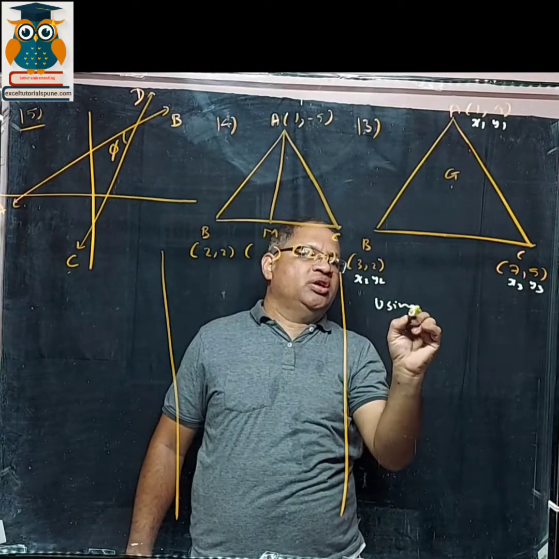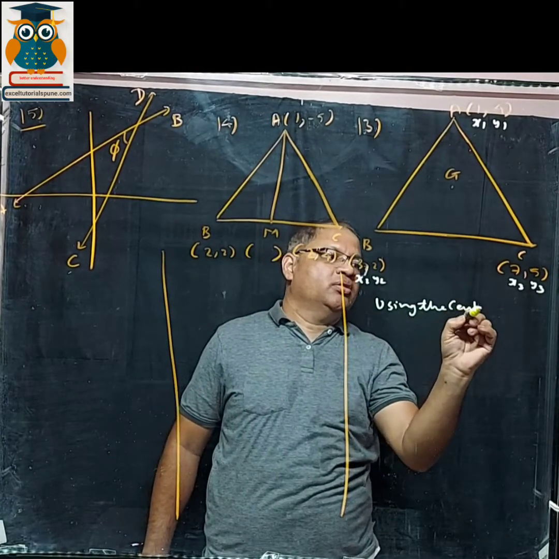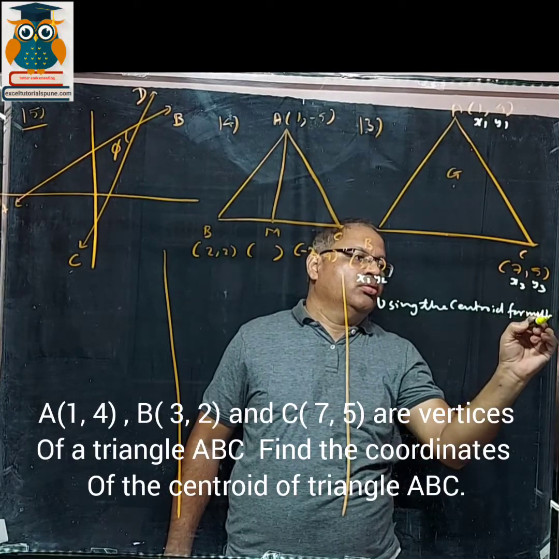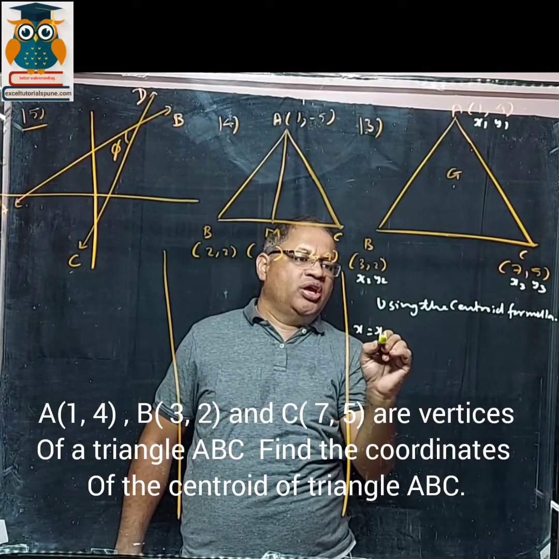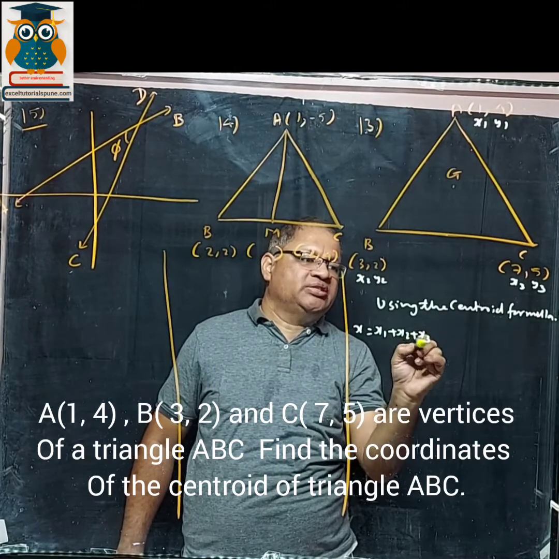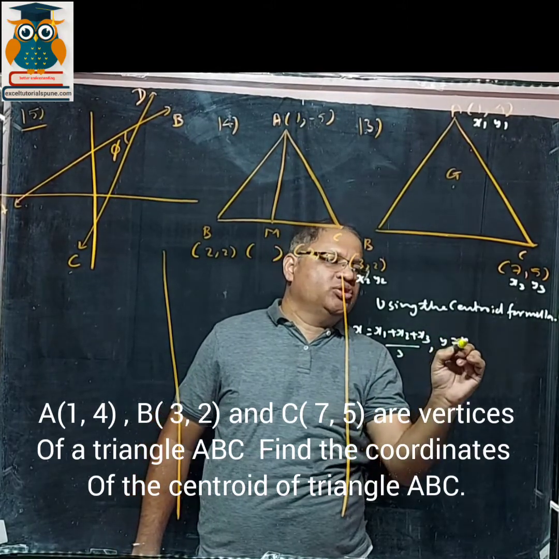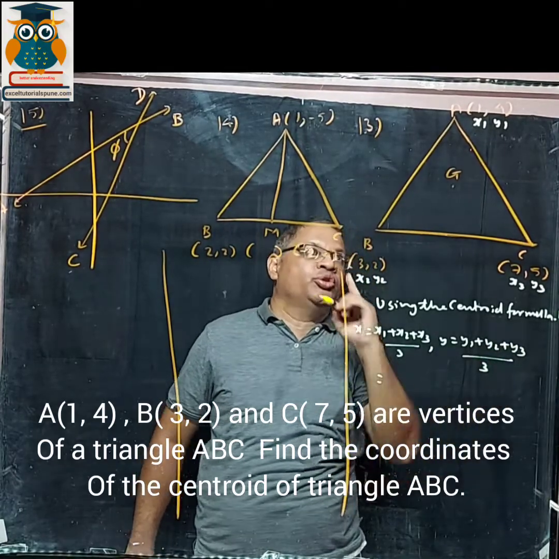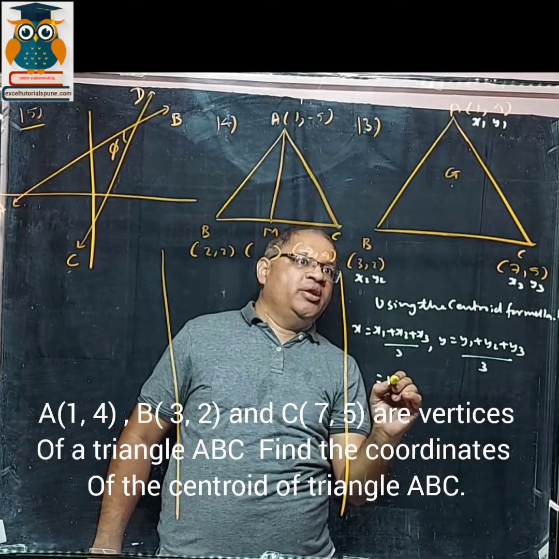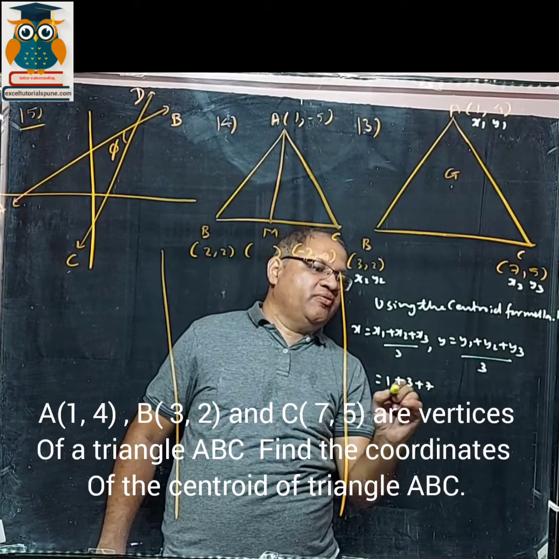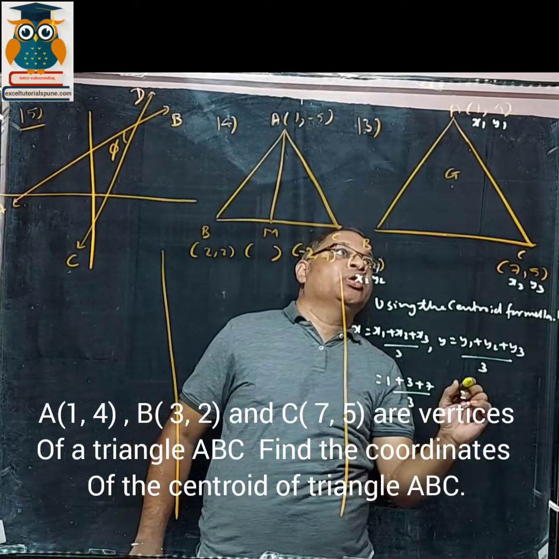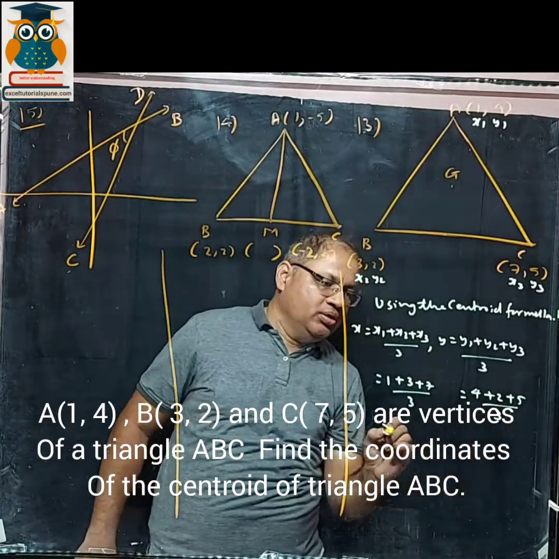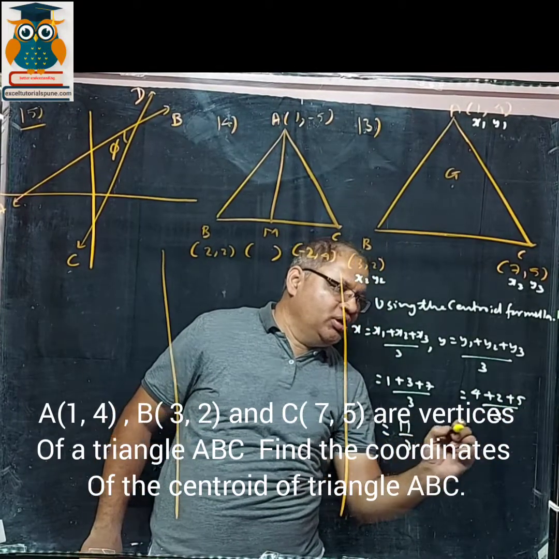So using the centroid formula, x is equal to (x1 plus x2 plus x3) upon 3, y is equal to (y1 plus y2 plus y3) upon 3. Substitute the values. (1 plus 3 plus 7) upon 3, (4 plus 2 plus 5) upon 3, 11 upon 3.